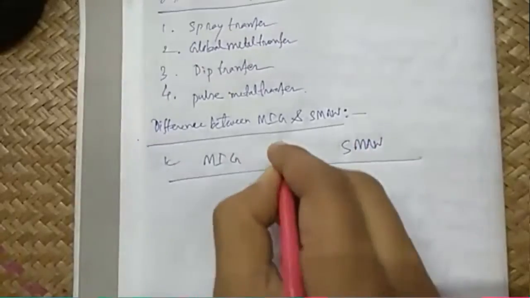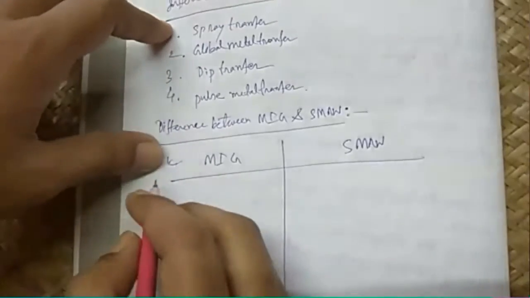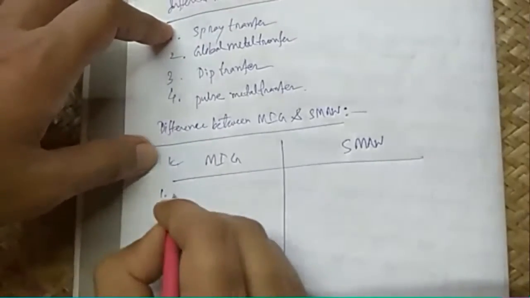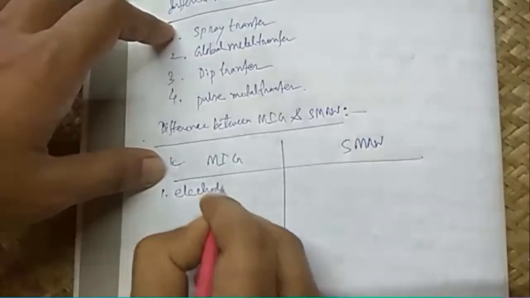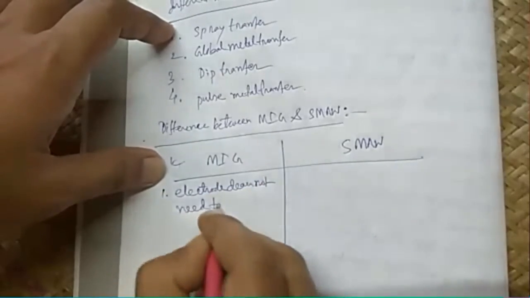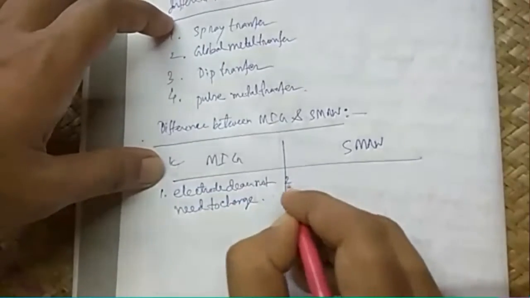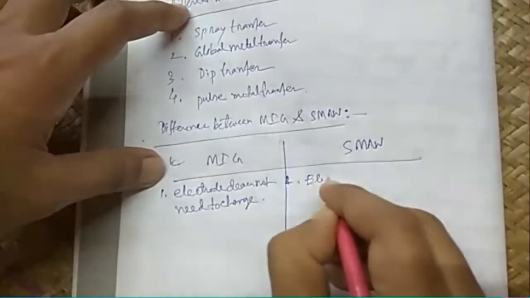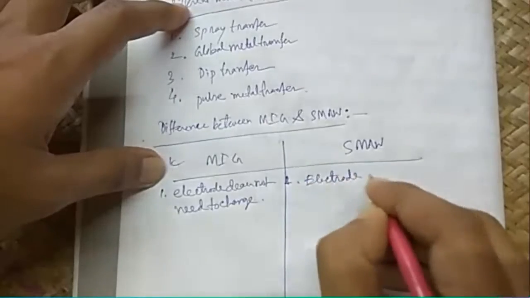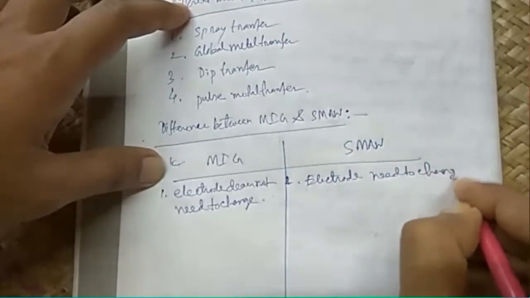Whenever it asks for the difference, you need to make two columns, and you will write here: in MIG, electrode does not need to change; here in SMAW, electrode needs to change.